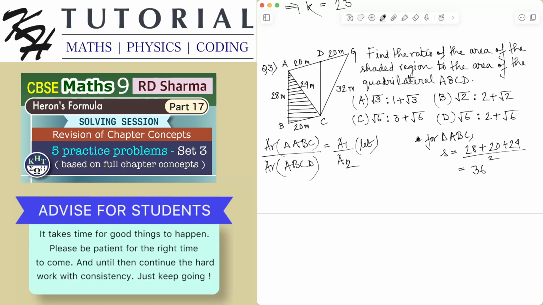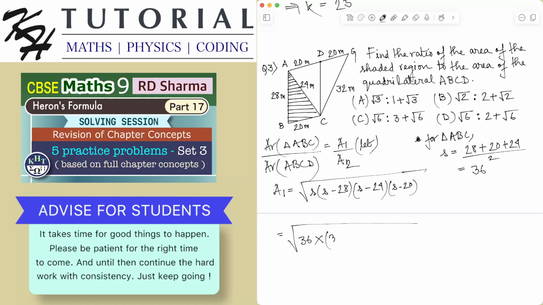So semi-perimeter is 36. Then A1 using Heron's formula will be the square root of S multiplied by S minus 28 multiplied by S minus 24 multiplied by S minus 20, where S is 36.